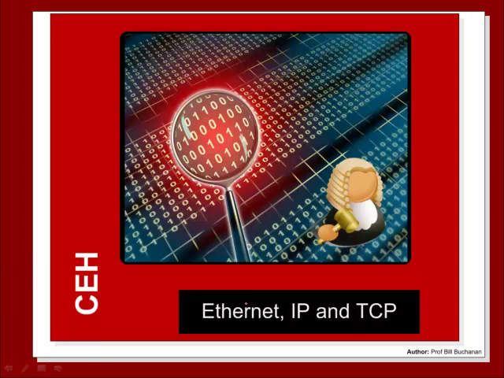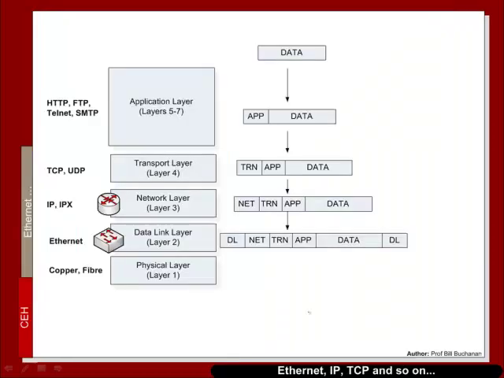So now we'll look in a bit more detail at the three basic protocols that are often used inside any internet communication, and that's Ethernet, IP and TCP. And they basically fit together like this. So as we've seen with our model, we take our data, we stick on some extra application data, we then add our transport data at the network layer, so this is where we get routers, and we add on our data link layer.